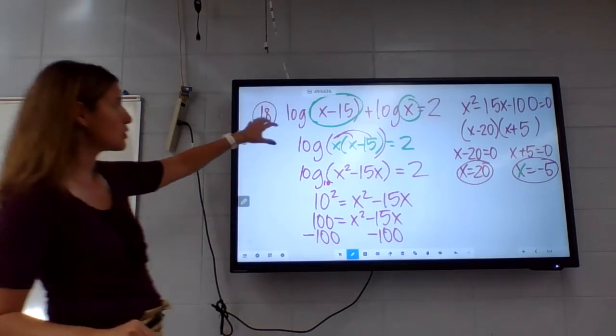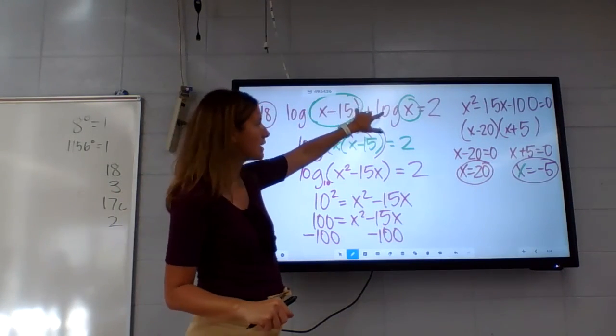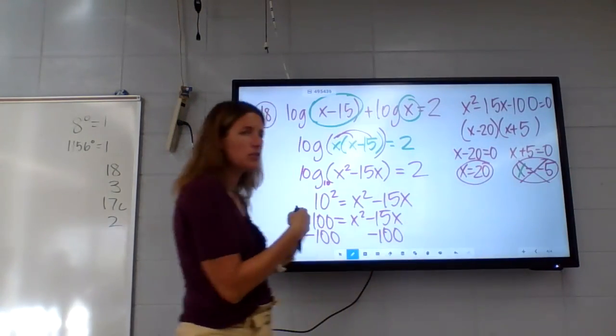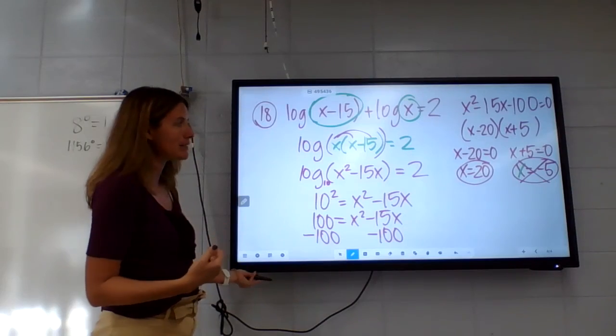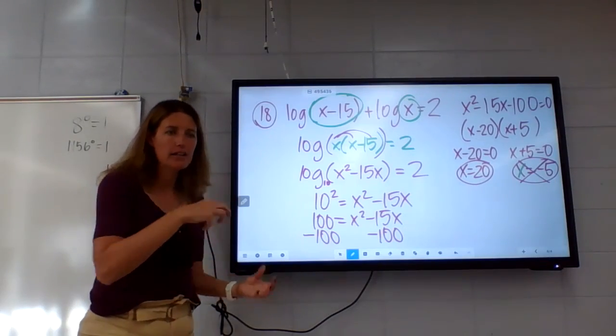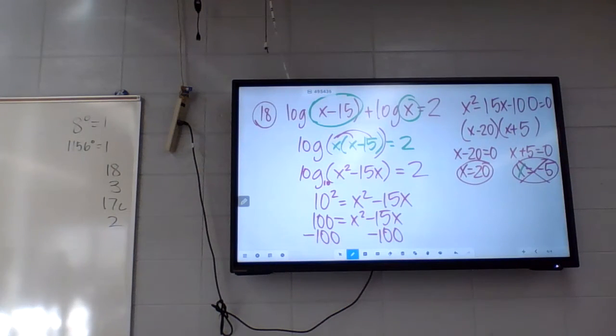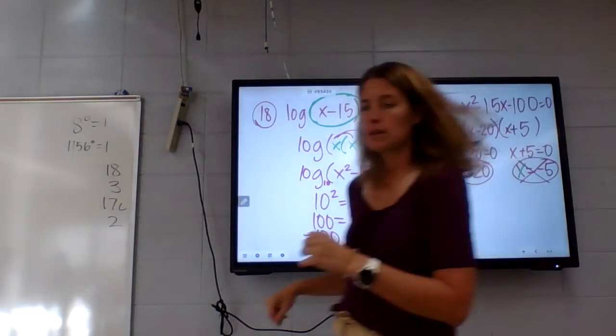So if I put my answer back in here, my log is negative, like log of negative 5. We actually can't use that one. If you tried to substitute that in and check it, it would give you an error message. So we throw out the values that make our logs negative. If you forget that step, you're not going to be okay.